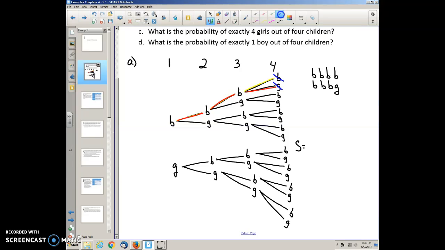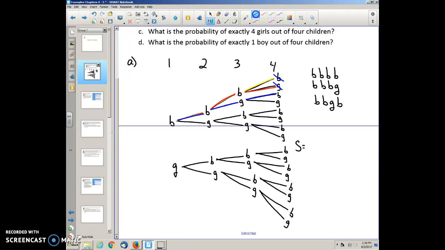Those are the 2 possibilities. It would start with a boy, then another boy, but then we go to a girl and then a boy. So it'd be boy, boy, girl, boy. So that would be that path right there.